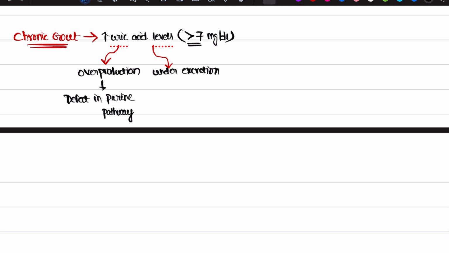And here also there is under excretion. You can see there is under excretion when there is a decrease in the excretion from our body, when the patient produces less urine. Let's say there is a kidney failure patient, the kidneys are not functioning well, so in such cases the uric acid is not eliminated from our body, it stays in our body, and that will lead to an increase in the uric acid.